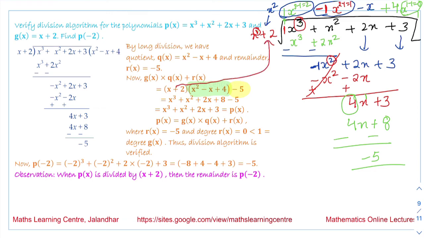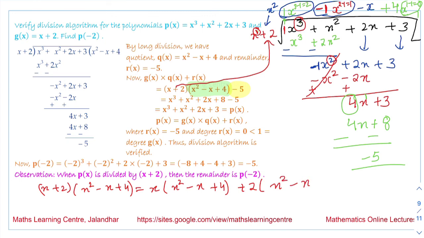When you multiply g(x) into q(x) and you add r(x) to it, how is the multiplication done? It is x plus 2 into x square minus x plus 4. So what we are going to do is x into x square minus x plus 4, plus 2 into x square minus x plus 4. We have multiplied both these terms.